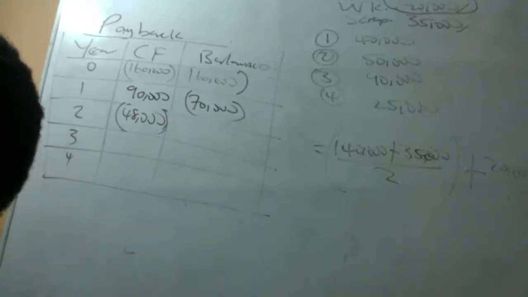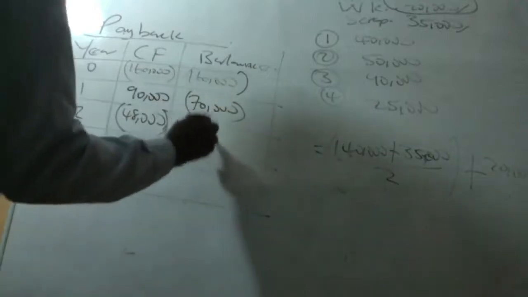How do we get that? It's negative plus negative. So it gives us 118 negative.